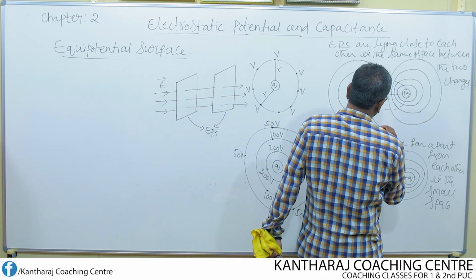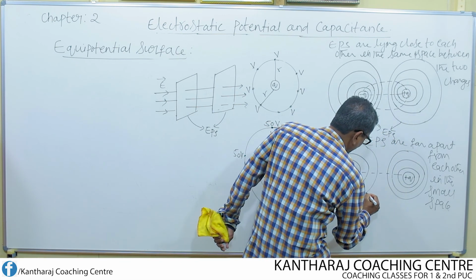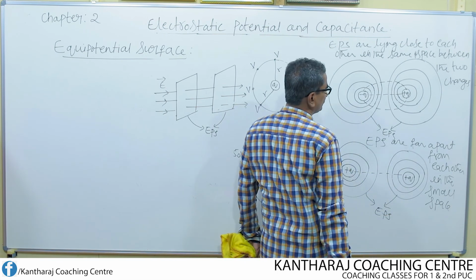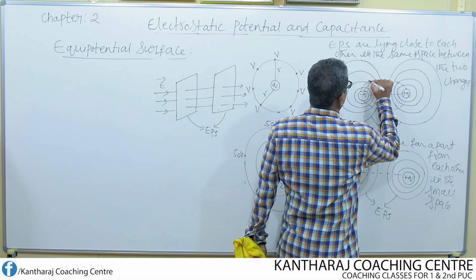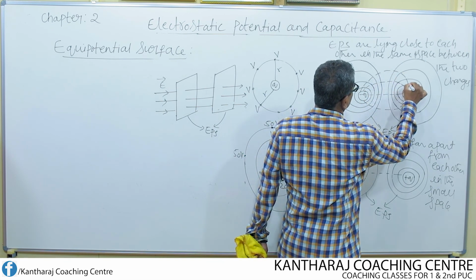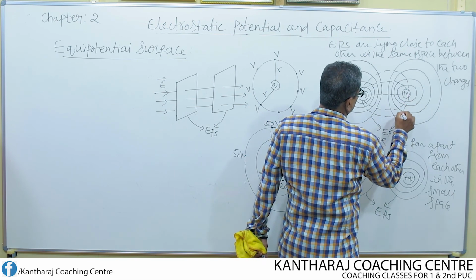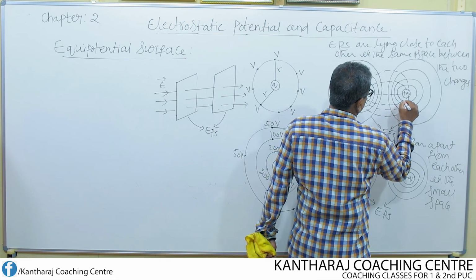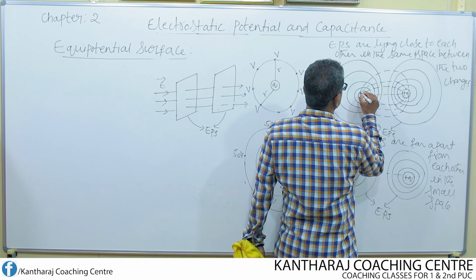So what are these? These are nothing but equipotential surfaces. Remember, once again, these are nothing but equipotential surfaces. So let us try to write a few more electric lines of force. Like this.